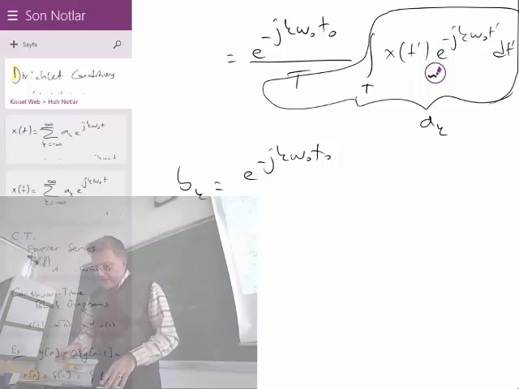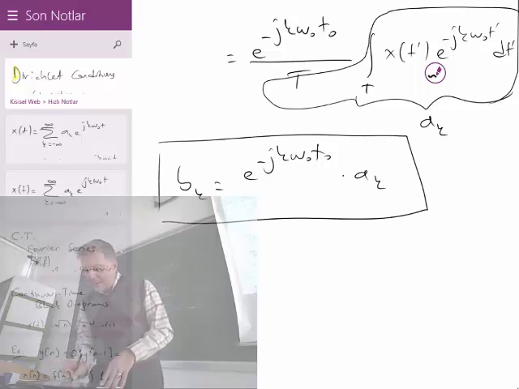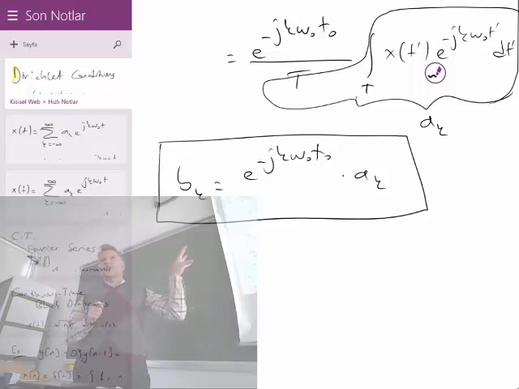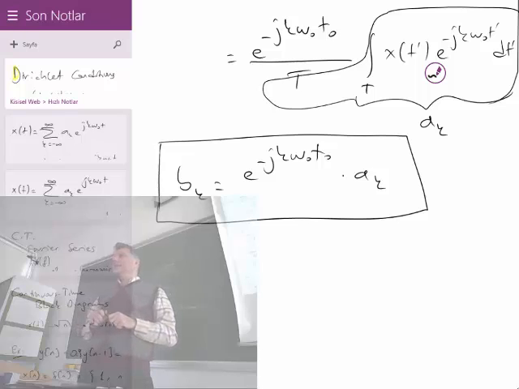Alright, so b k is e to the minus j k omega 0 t0 times a k. This is the shifting property. If the fundamental frequency is omega 0, then every b k of the shifted signal is the original Fourier series coefficient multiplied by a complex exponential like this.